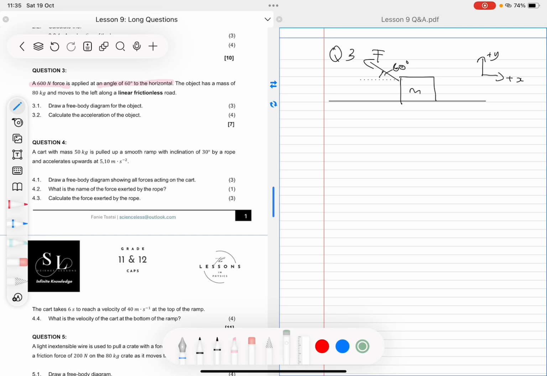Now, the other thing to look at here is that we write our given data: the force F that is being applied is 600 Newton, the angle theta is 60 degrees at which this force is applied, the mass of this object is 80 kg, and there is no friction here. The friction is 0.